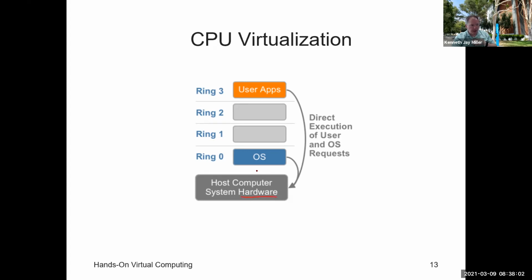Here we have the hardware, and then at ring 0, we have the kernel. This would be the kernel mode of the operating system that can communicate with the hardware. When we talk about device drivers in our operating system, they function in kernel mode because they can communicate directly to the hardware.